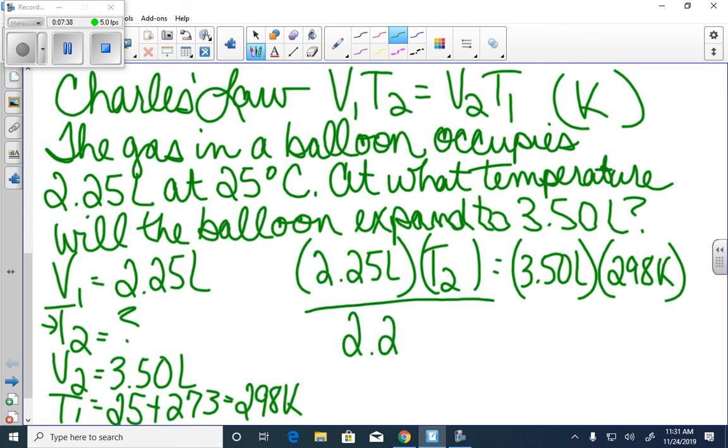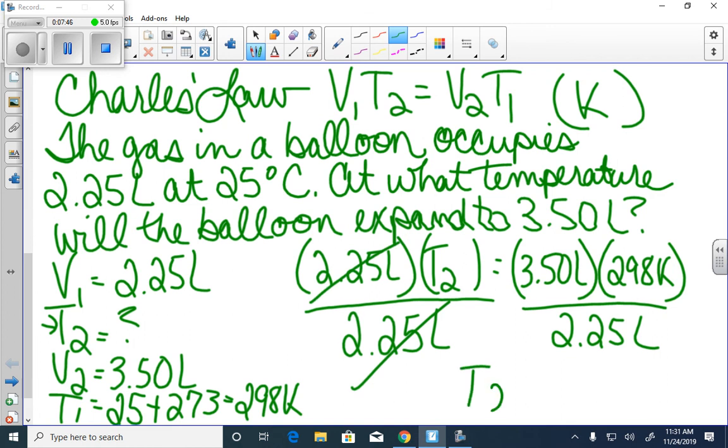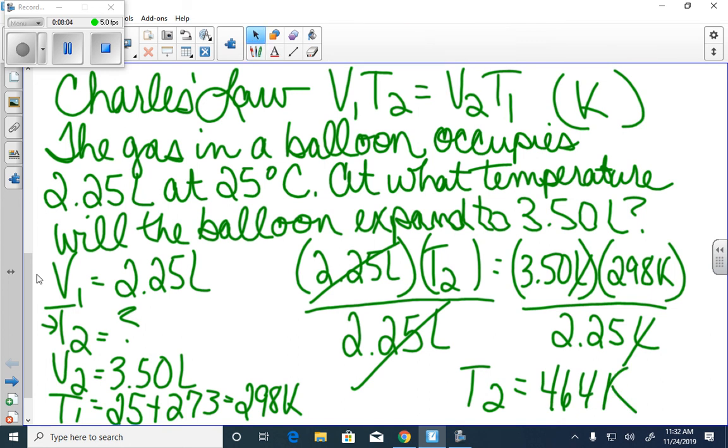So we divide both sides by 2.25 L. This makes these cancel out, gets our T2 by itself. Our unit of liters cancels out. We take 3.5 times 298 divided by 2.25, punch that in, and hopefully you get 464 K. Okay, so that is our answer for Charles.